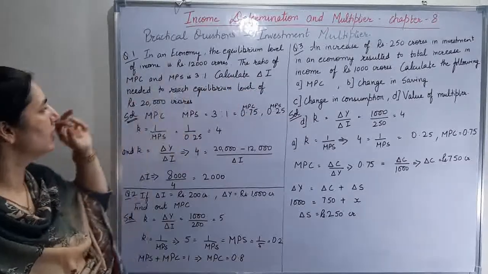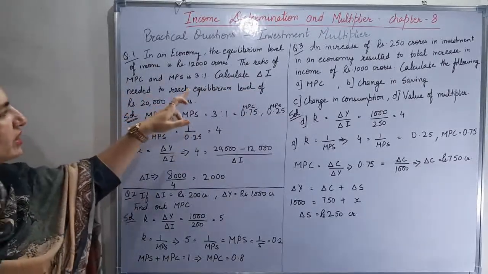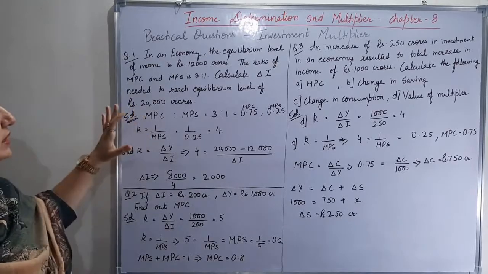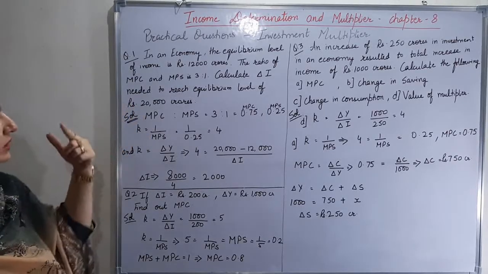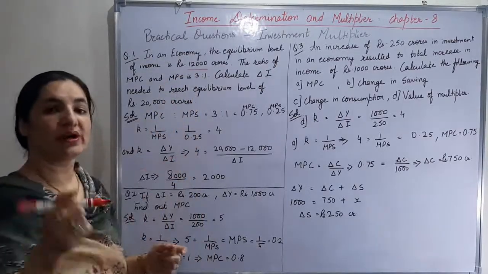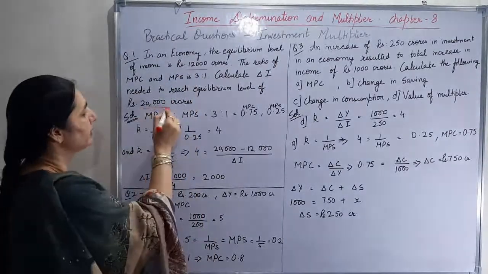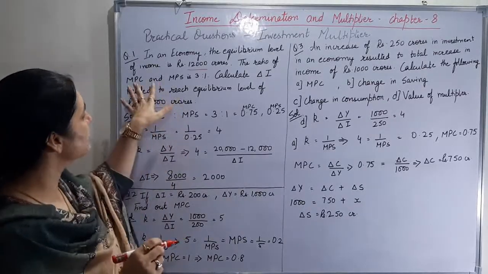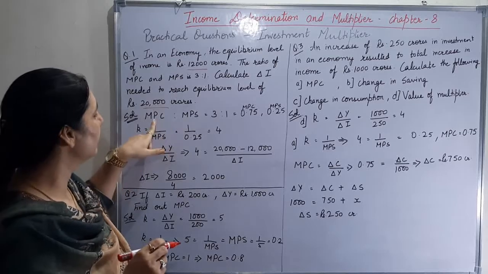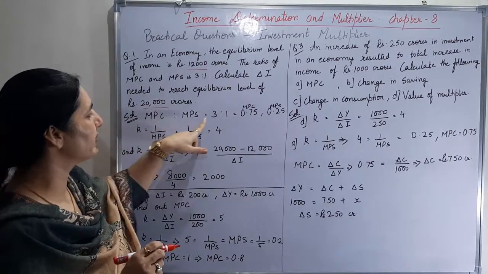Calculate the change in investment needed to reach an equilibrium level of income of 20,000 crores. It means the equilibrium level of income earlier was 12,000, and now it is increased to 20,000. MPC to MPS is 3:1.